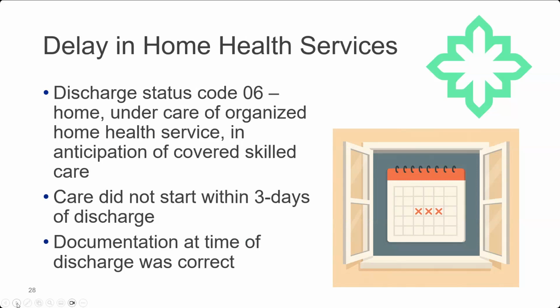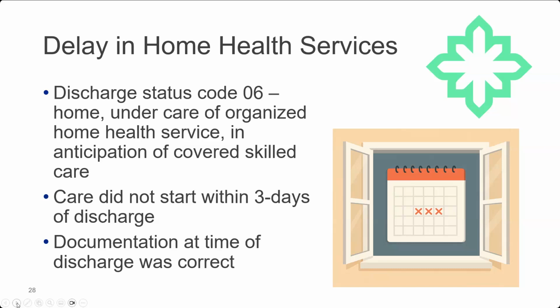If you're coding a discharge with a discharge status code of 06, home under a home health care organization, and you're anticipating that the patient is going to be receiving covered skilled care, and something happens and that care does not start within 3 days of discharge, even if the documentation was correct that it was supposed to happen, the discharge status code may end up being incorrect in this case.